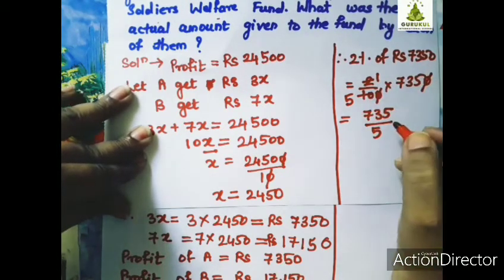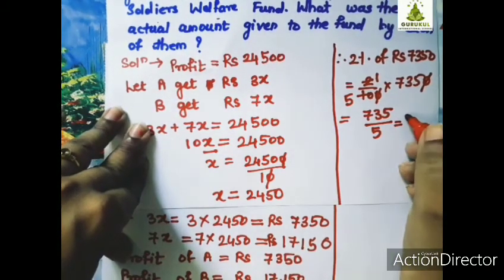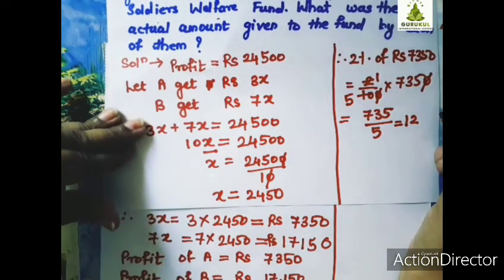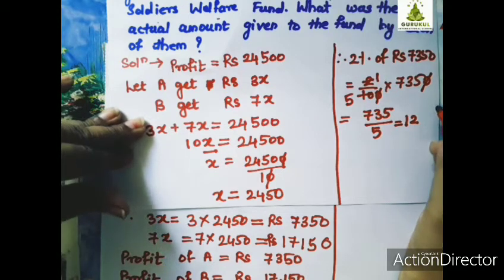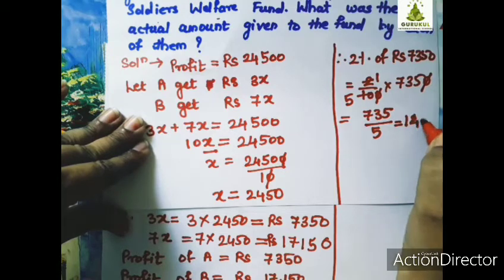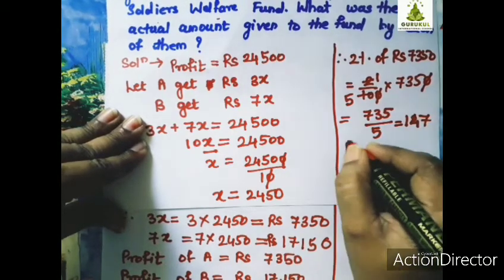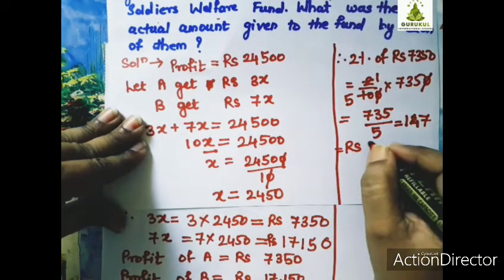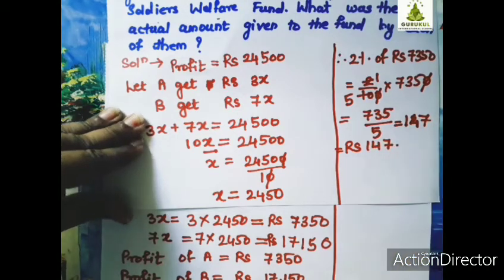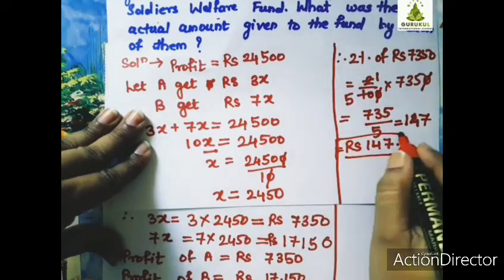You can do it directly also, but so that you understand, I am writing it again separately. 5 ones are 5, 5 2s are 10, 5 1s are 5, 5 4s are 20. Okay, 2 will be remaining over here. So 1 and 5 7s are 35. So rupees 147. And this is the first answer.